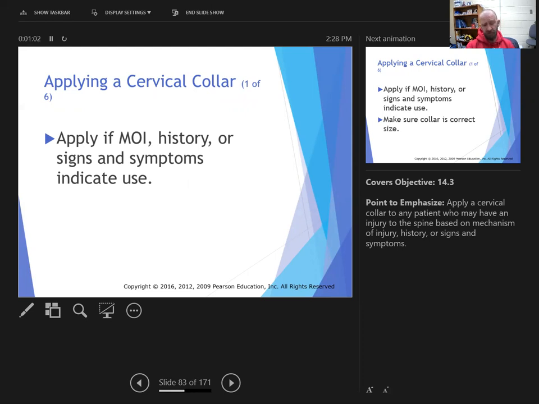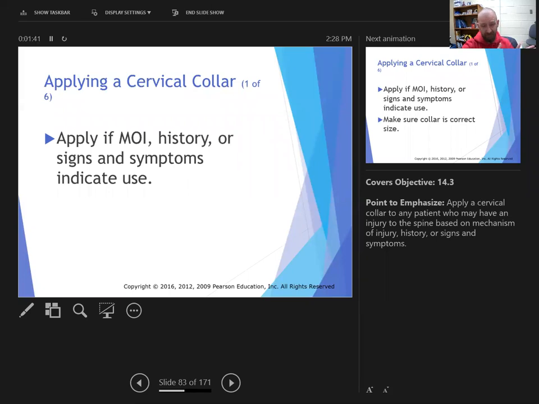Now, cervical collars don't belong on everybody. We'll apply them if the mechanism of injury, their history, their chief complaint, or the symptoms tell us that we need it. If somebody has a history of cervical spine surgeries or previous injuries there, and they were in a fender bender and got whiplash, and the patient is reporting a lot of pain back there, maybe because of the past medical history we're putting the collar on, right?